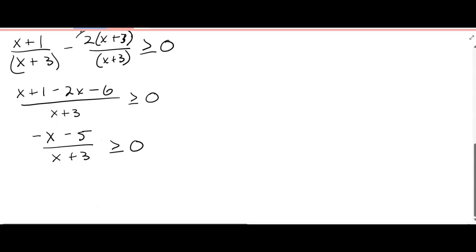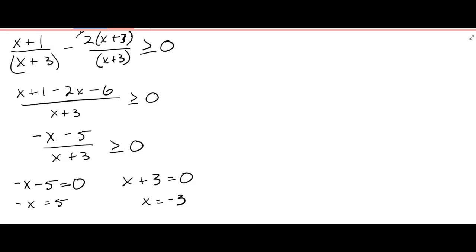So I have to think about when does the numerator equal 0? When does the denominator equal 0? Well, the denominator, that one's easy, at negative 3. And here I'll put 5 on the other side and divide by a negative 1, and I'm going to get negative 5.